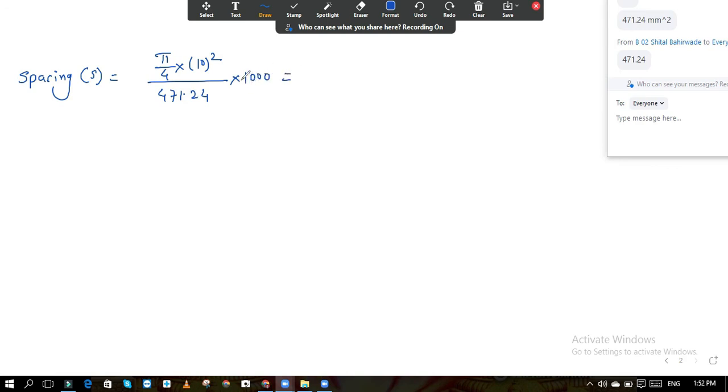Let me know the answer. 166.67. So round this value to 165 mm.